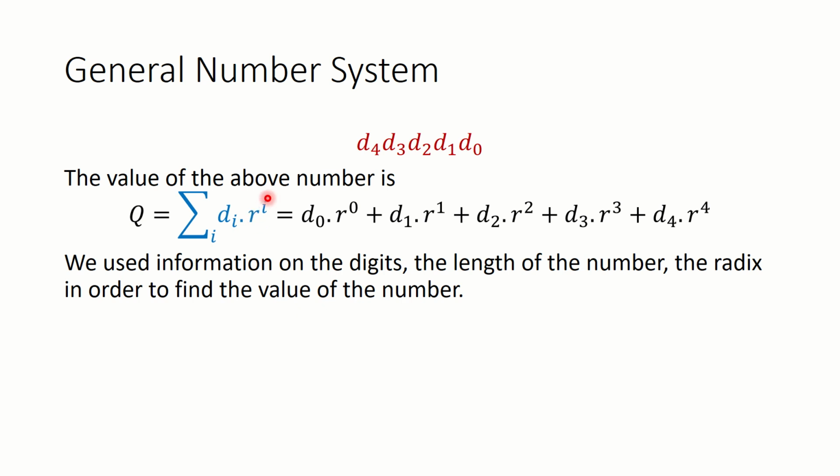So, now if I give you a particular set of symbols, which is basically the number, and tell you the number system, suppose I tell you it has a radix 4, then will you be able to give me the quantity represented by the number?